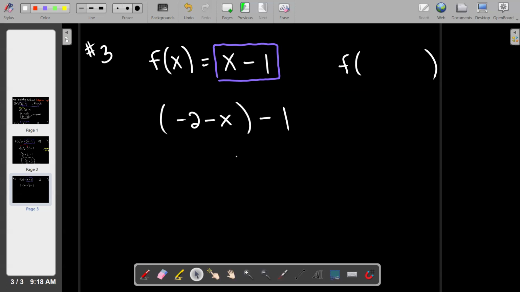And you would see in a case like this that my parentheses really don't have a purpose, so I could now get rid of them. I like having them just to show you guys that this is the opening where the food's going to go. But at this point, you would realize there's no number in front of it to distribute, so I'm good.